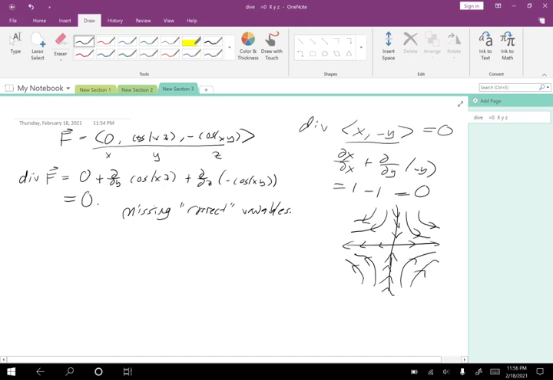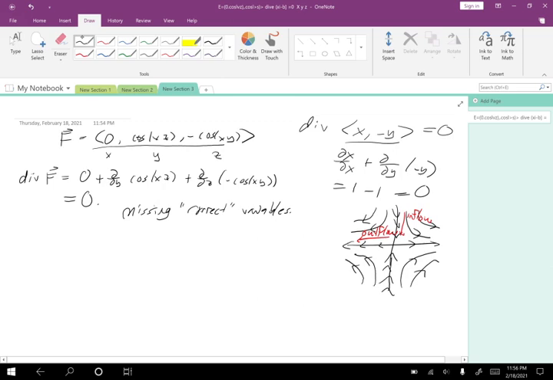And so you can see that a net inflow is balanced by a net outflow. And so there's no accumulation or there's no dissipation. So the local flow rate of this vector field is 0.